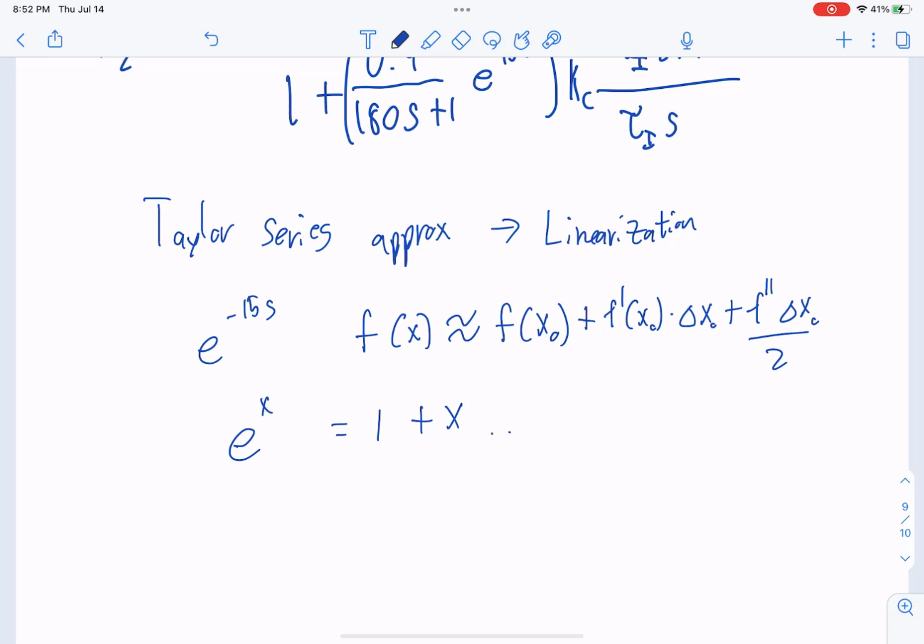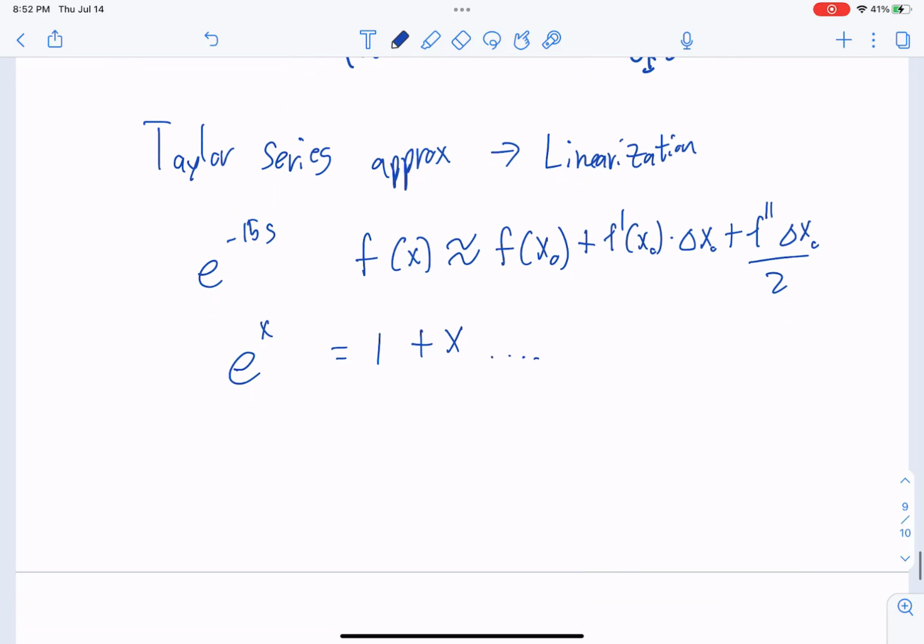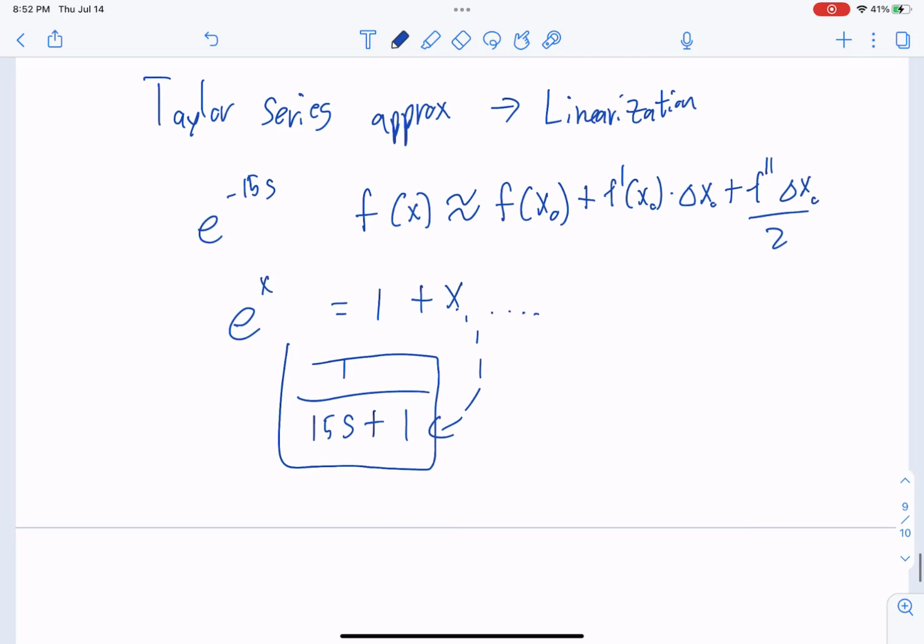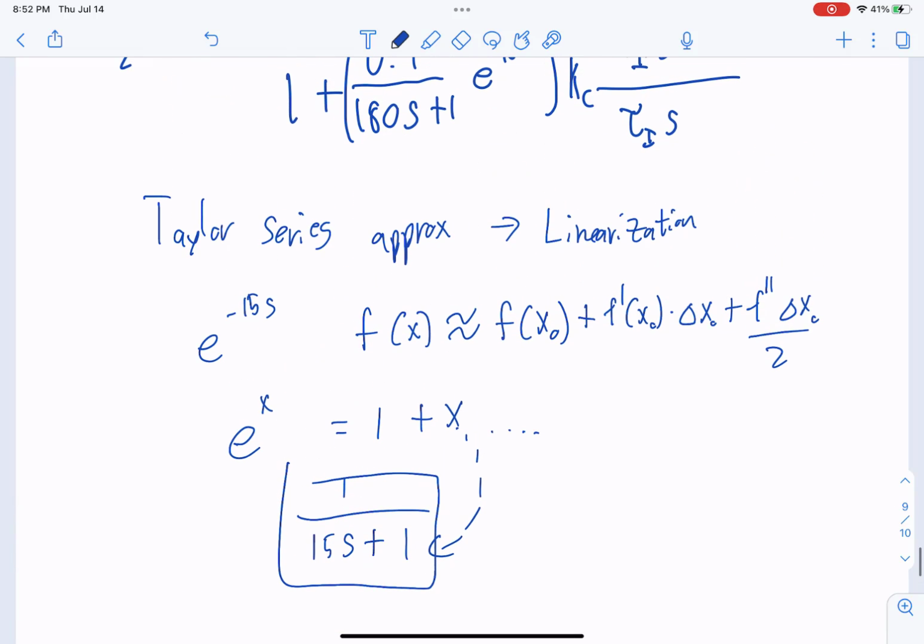Some linearized approximation for e to the negative 15s would be 1 over 15s plus 1. Here's that 15s plus 1, and because it was negative, we're going to put it on the denominator. So that's one way we would find the Taylor series approximation. We'll actually do that in MATLAB, and we'll go ahead and do that right now.